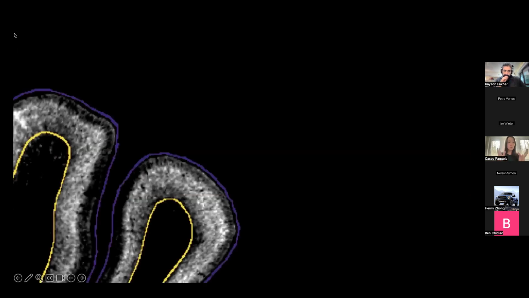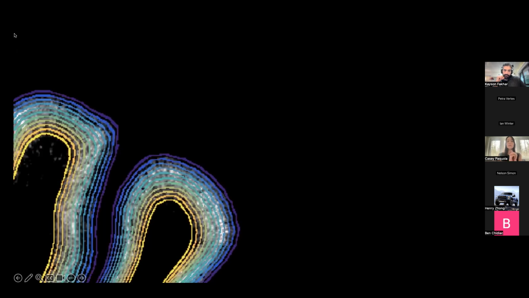So this procedure basically involves first taking the outer surface of the cortex, so the pial surface, as well as the gray-white matter boundary. So that's the purple and the yellow lines there. Then we construct a number of surfaces between these, and we just sample the cell body staining intensity as we go in a straight line down from the pial surface to the gray-white matter boundary.